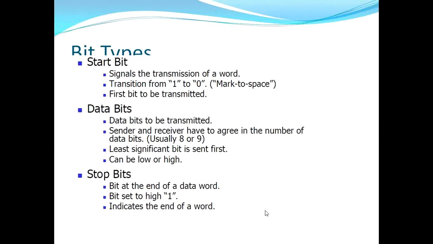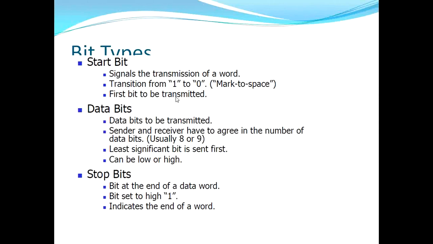There are different types of bits used for serial communication. The start bit signals that the transmission of the word starts. The transition is from 1 to 0, mark to space, and it is the first bit to be transmitted on the serial line.